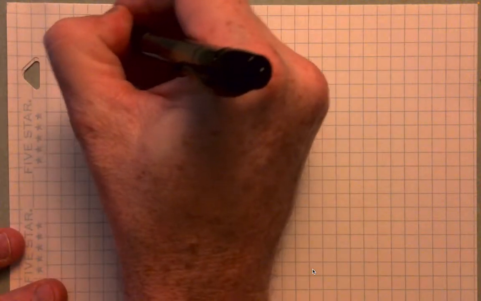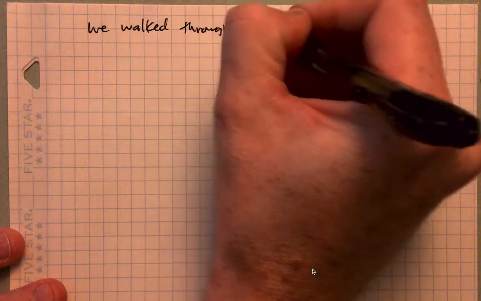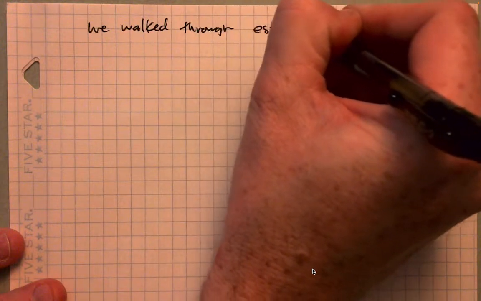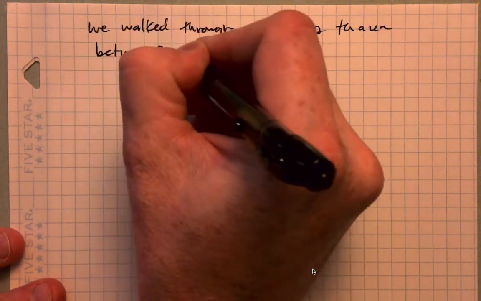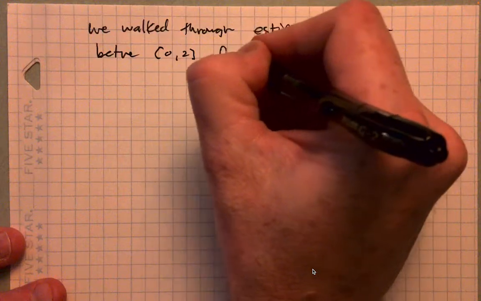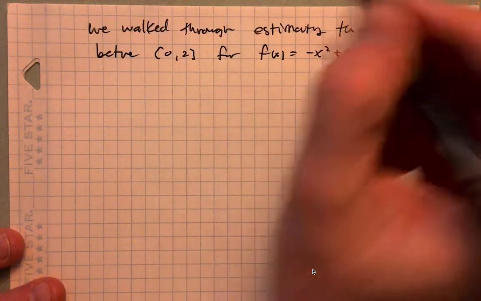In the previous example, we walked through estimating the area in the interval 0 to 2 for f of x equals negative x squared plus 5.